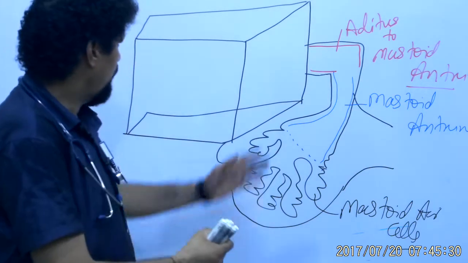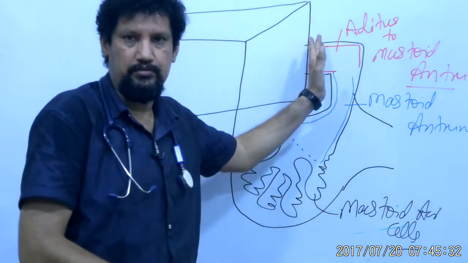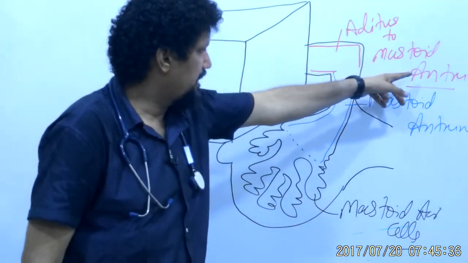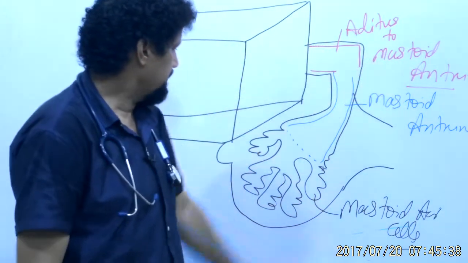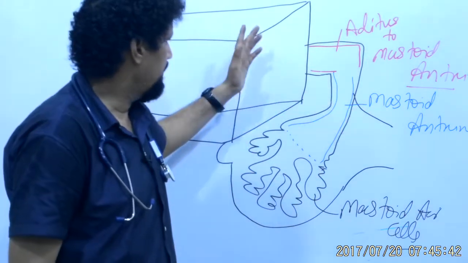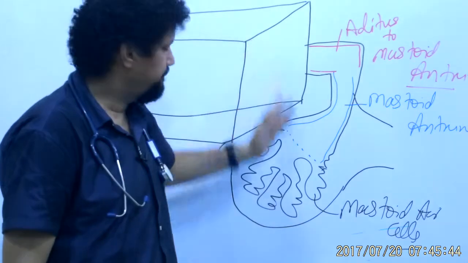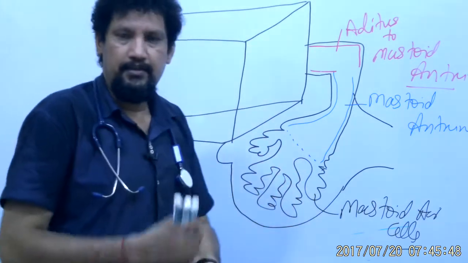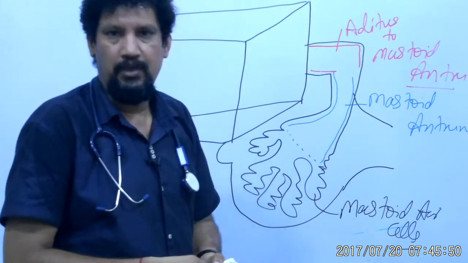So the posterior wall, this wall is the posterior wall. This wall is having the aditus to the mastoid antrum, which is connecting the mastoid antrum and the tympanic cavity, and this part is the mastoid air cells.